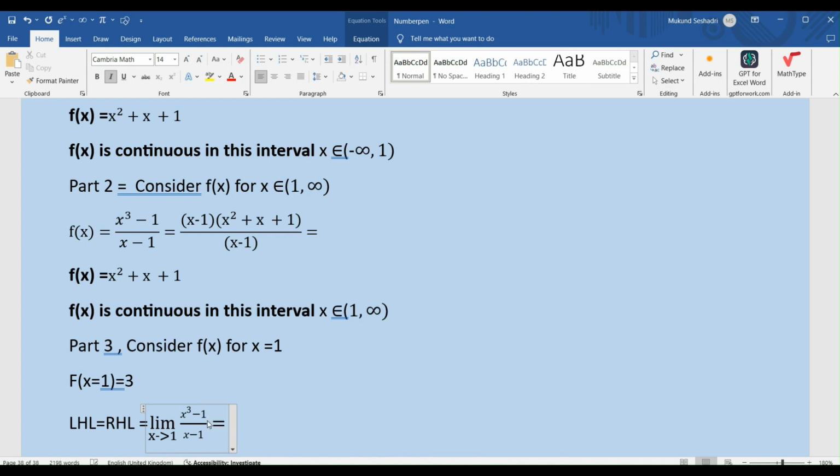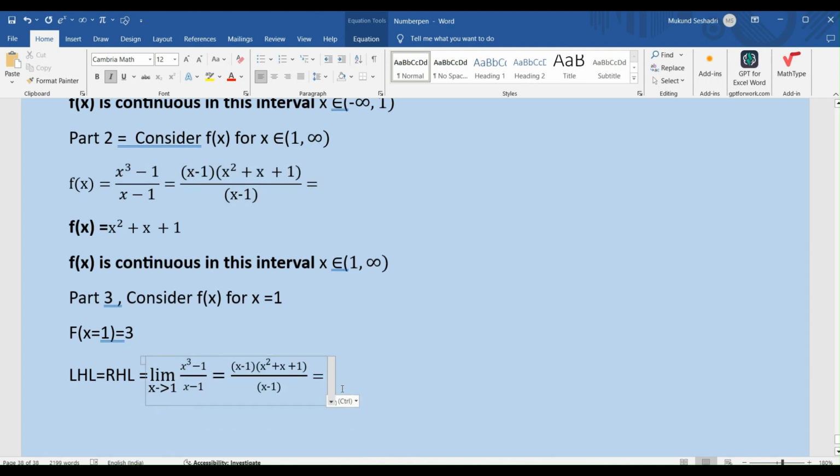And what is this? I know that my x minus 1 will get cancelled out, so I can write it like this, and I have it as x squared plus x plus 1, right? So as x tends to 1, my x squared is 1, my x is 1, plus 1, which is equal to 3, right?